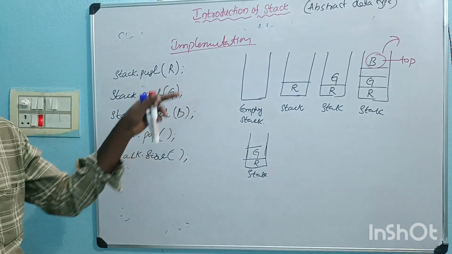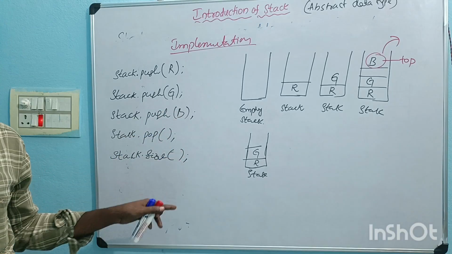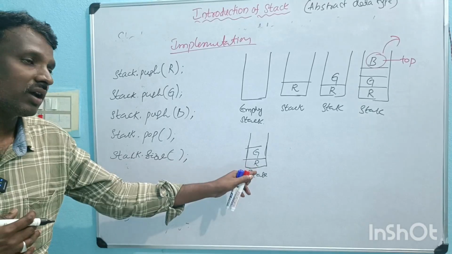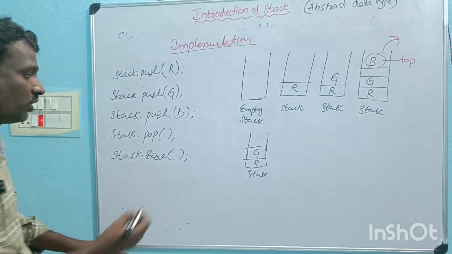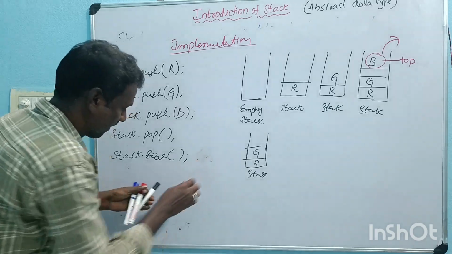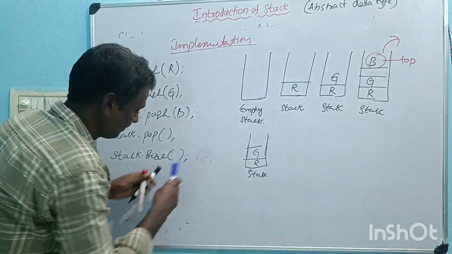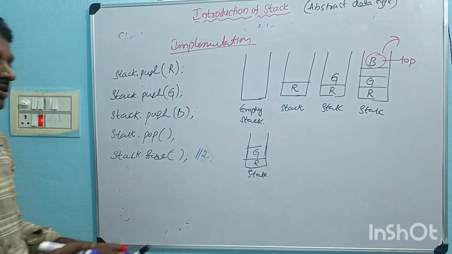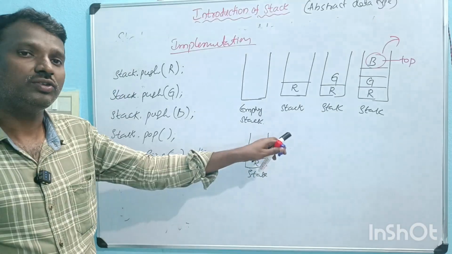Currently how many elements are there in our stack? Two elements. The 2 is reflected here. The two are R and G.